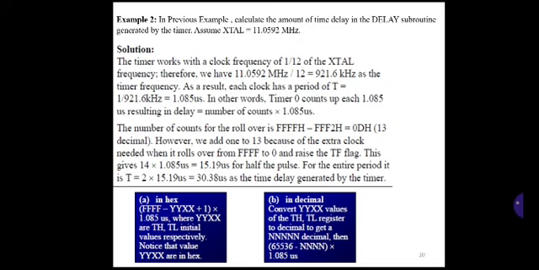The converted value of YYXX in decimal must be subtracted from 65,536, and the result again multiplied with 1.085 microseconds. So this is the method in decimal. Usually we use hexadecimal: FFFF minus the value loaded into the TH and TL registers, that is YYXX, plus 1, and multiply the result with 1.085 microseconds.